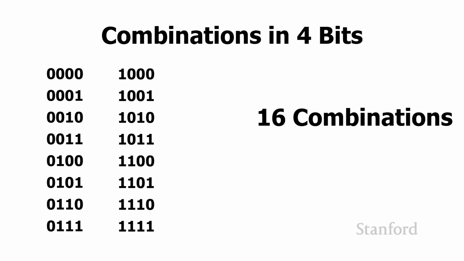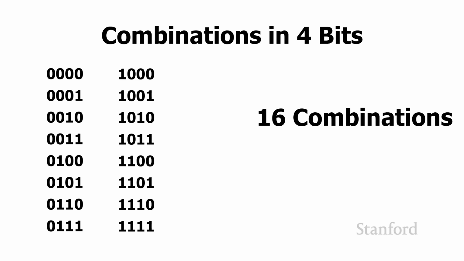So you can think of these as binary numbers, and we saw how to convert those to decimal a minute ago. So, if we have these 16 possible combinations, these could represent the decimal numbers between 0 and 15, but they might be used to represent something else.